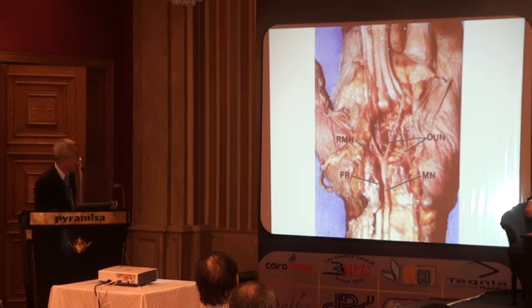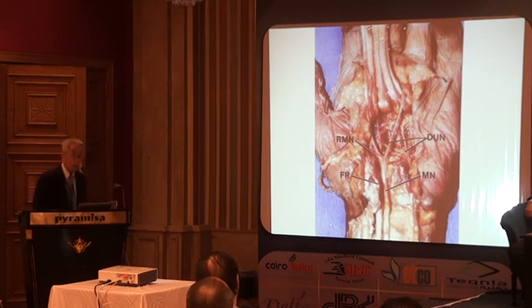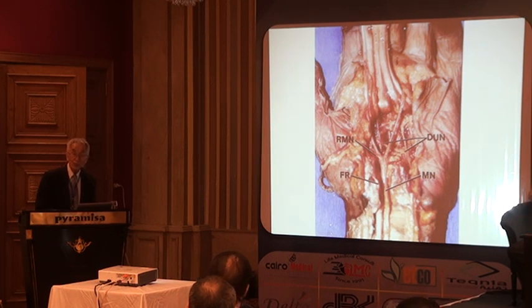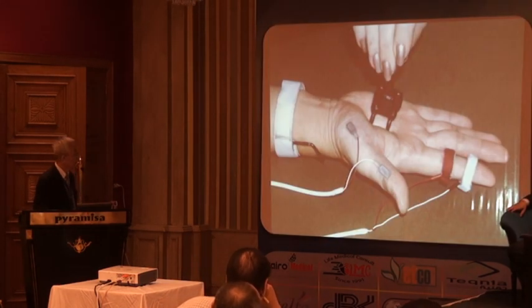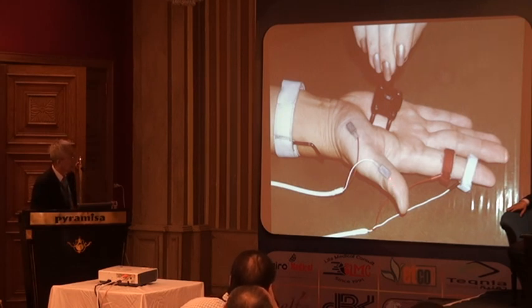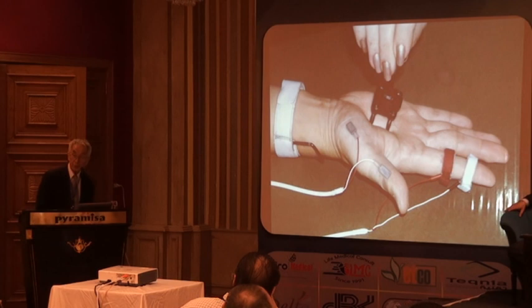And when you're stimulating in this area, sometimes you don't know which one you're stimulating. But you do know if you look at the twitch, because if you stimulate the median nerve, of course, you activate abductor pollicis brevis, so the thumb abducts. But if you stimulate the ulnar nerve, the thumb adducts.